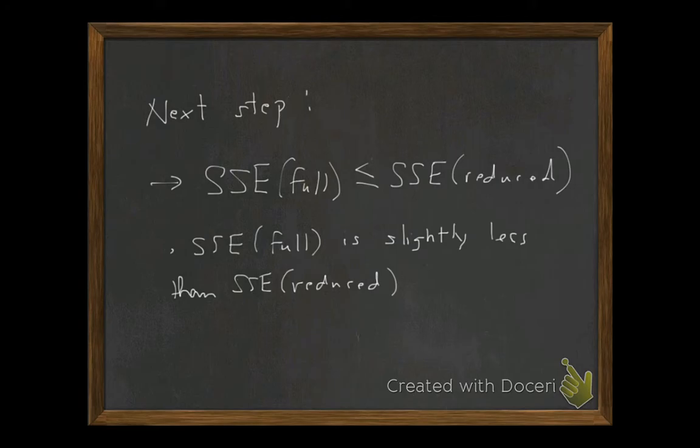So the error sum of squares for the full model is just slightly less than the error sum of squares for the reduced model. Well, if this is the case, this is support for H sub 0. If there's not much difference between the error sum of squares for the full model and the reduced model, then at the end of the day, why put beta 1 in there if the goal is to create the model with the least number of predictors?